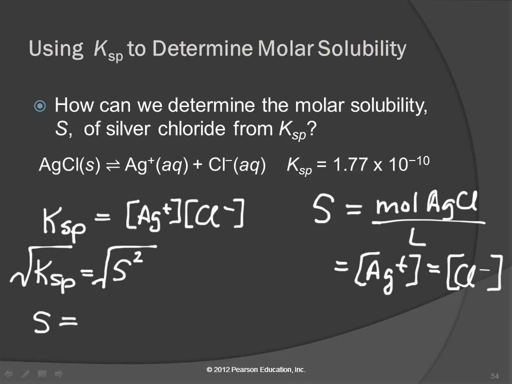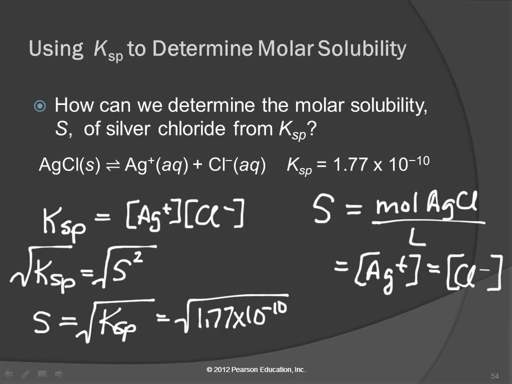I take the square root of both sides. So S is the square root of the Ksp, and they gave me the Ksp. 1.77 times 10 to the minus 10, square root of that, gives 1.33 times 10 to the minus fifth.